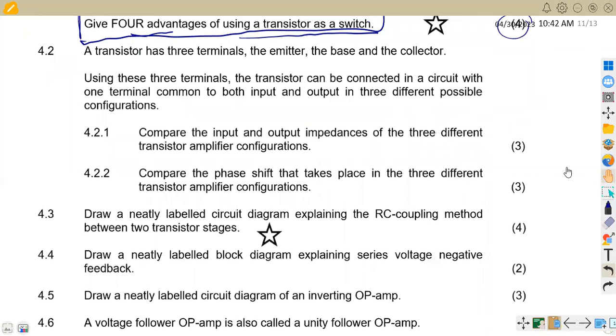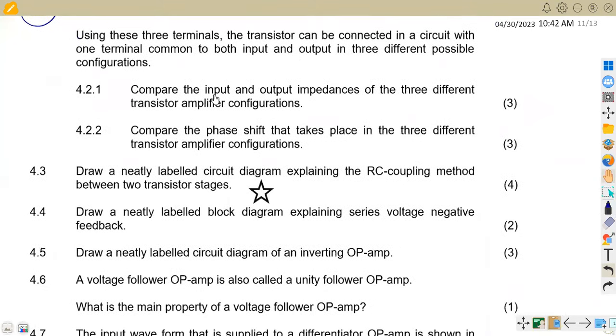On 4.2, we are given that a transistor has got 3 terminals, the emitter, the base, and the collector. Yes, we know that. So this information, what is the use? Using 3 terminals, the transistor can be connected in a circuit with 1 terminal common to both input and output in 3 different possible configurations, all right?